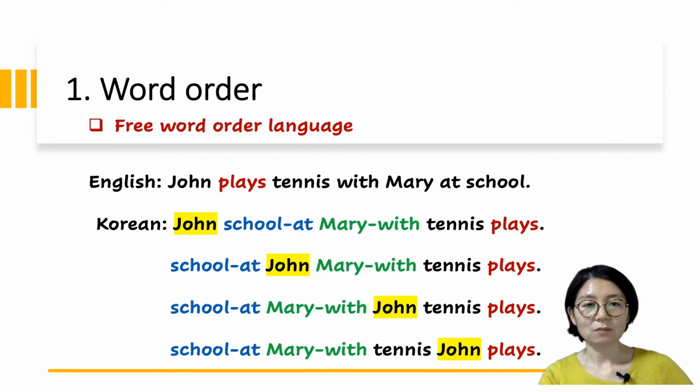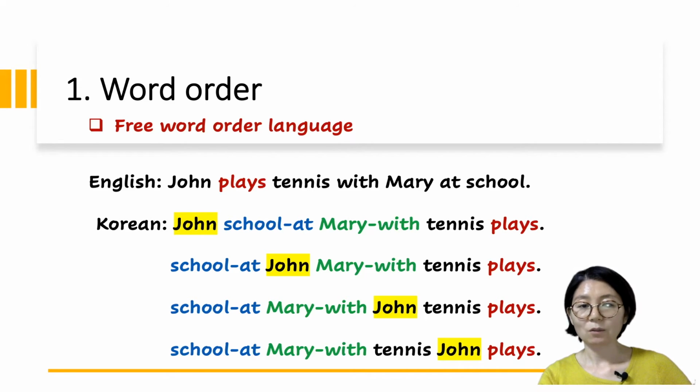But in Korean, for example, John plays tennis with Mary at school. You can put John any place, like John's school at Mary with tennis plays. This is in Korean. John이 학교에서 메리하고 테니스를 친다. But we could also say 학교에서 존이 메리하고 테니스를 친다.